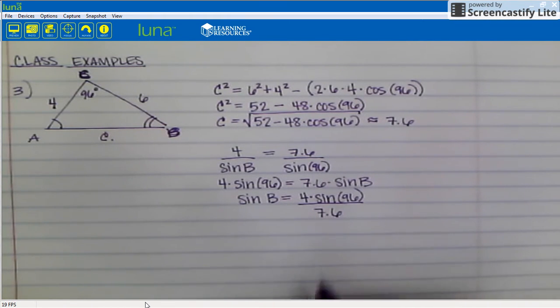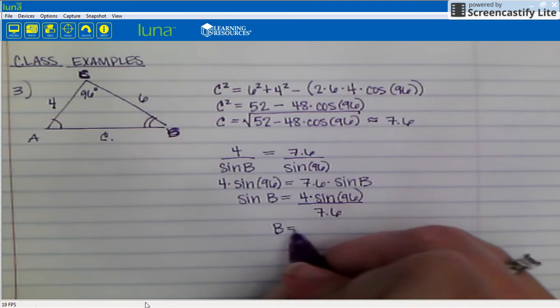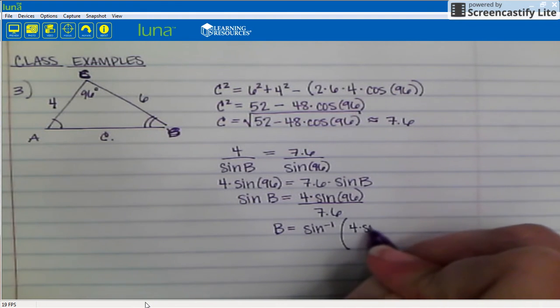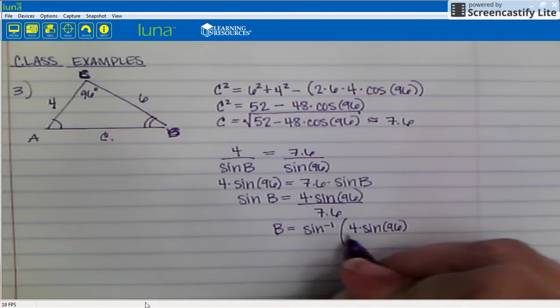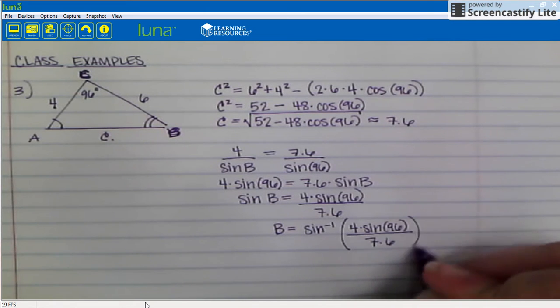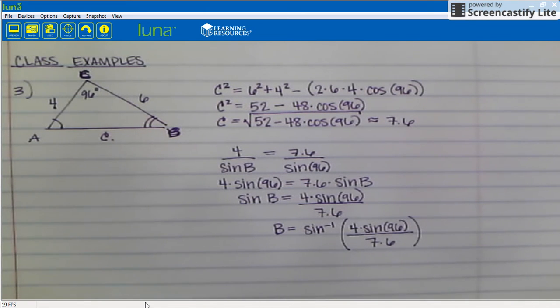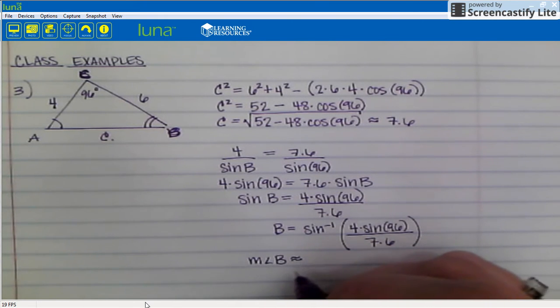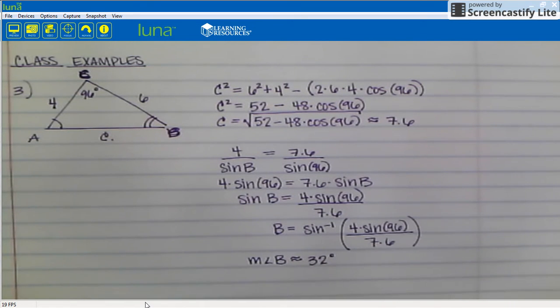Because I'm solving for the angle, I'm going to use the inverse sine of 4 times the sine of 96 divided by 7.6. I let my calculator do all of this fancy legwork, and this gives me the measure of angle B is approximately equal to, and it says to round off to the nearest degree, so this is going to be 32 degrees.